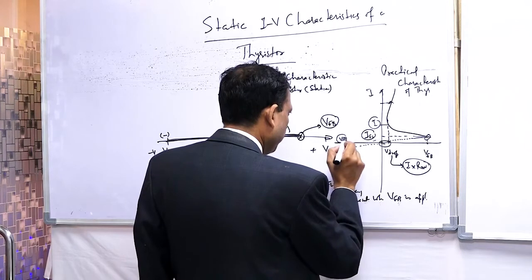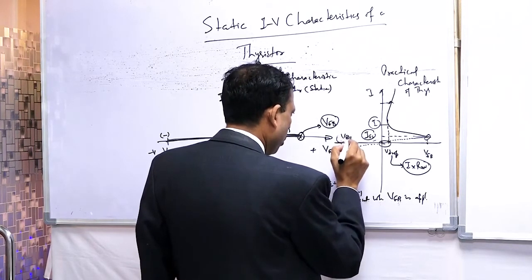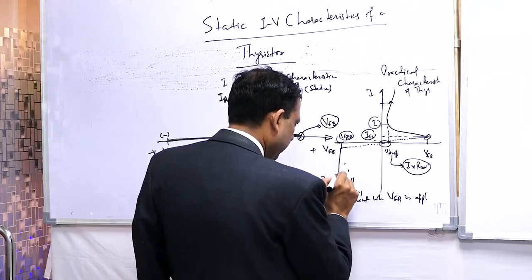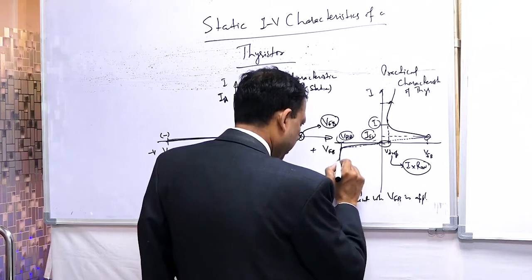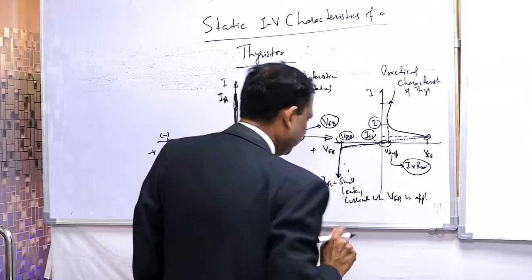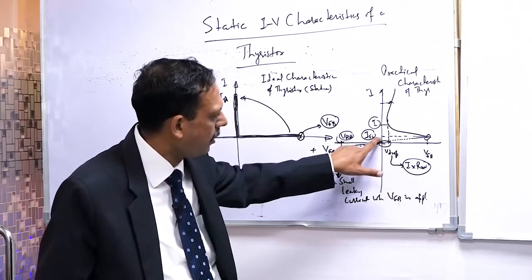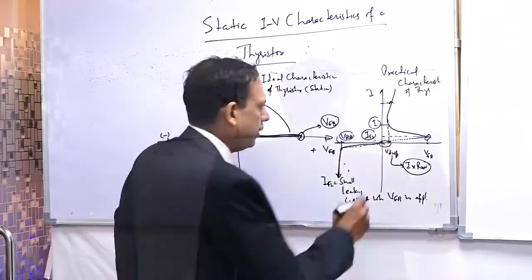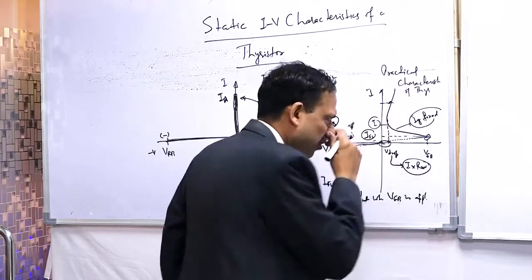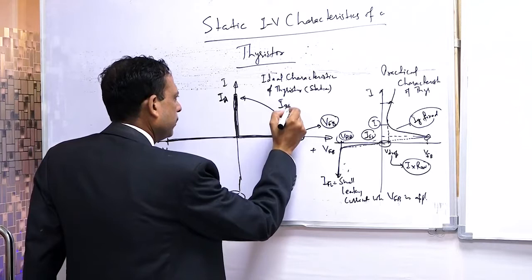And if the reverse blocking voltage is increased slightly more, it is suddenly going to break down. So this is going to be the characteristics of a practical thyristor. Is it clear? When the forward blocking voltage is there, some leakage current will be there. When the gate is fired, with gate triggering, it starts conducting.